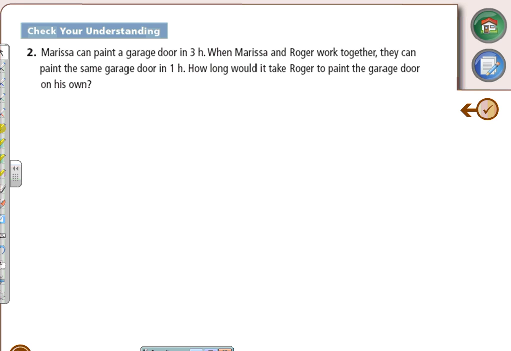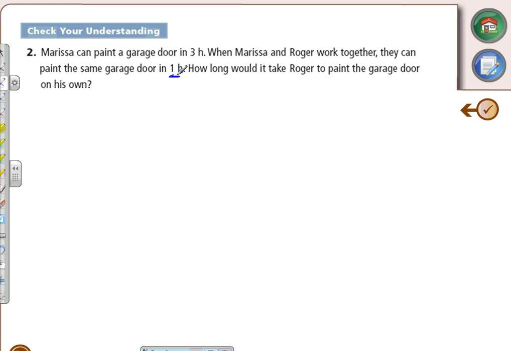So Marissa can paint a garage door in 3 hours. When Marissa and Roger work together, they can paint the same garage door in 1 hour. How long would it take Roger to paint the garage door on his own? All right, well, let's go through all this. Marissa can paint the garage door in 3 hours.